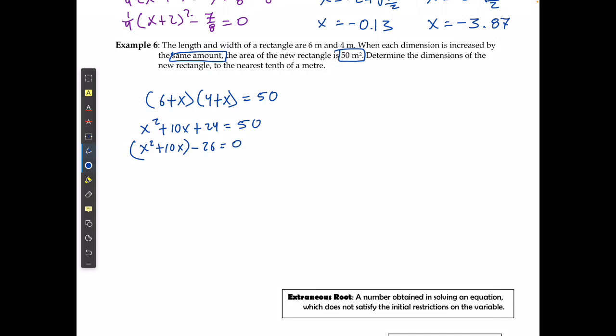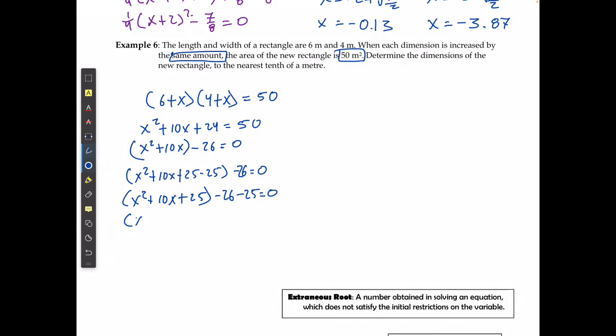I'm going to bracket this off and say that it's going to become x squared plus 10x plus 25 minus 25 minus 26 is equal to 0. x squared plus 10x plus 25 minus 26 minus 25 is equal to 0.